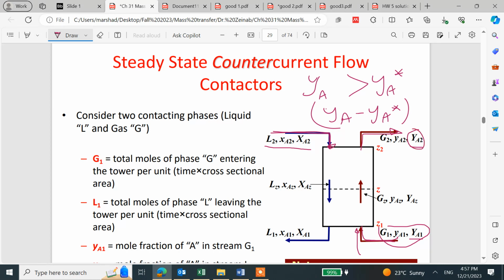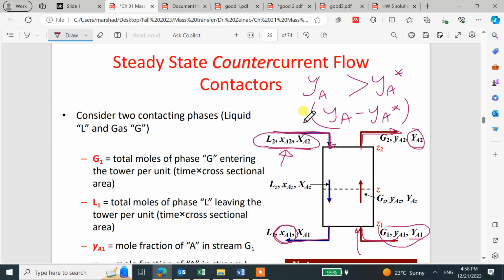Then you have the solvent. The solvent may have some impurities A, or it could be free. So I said xa2 could be 0. The solvent comes from the top and leaves from the bottom. So xa1, now it will absorb some of the component A from the gas.